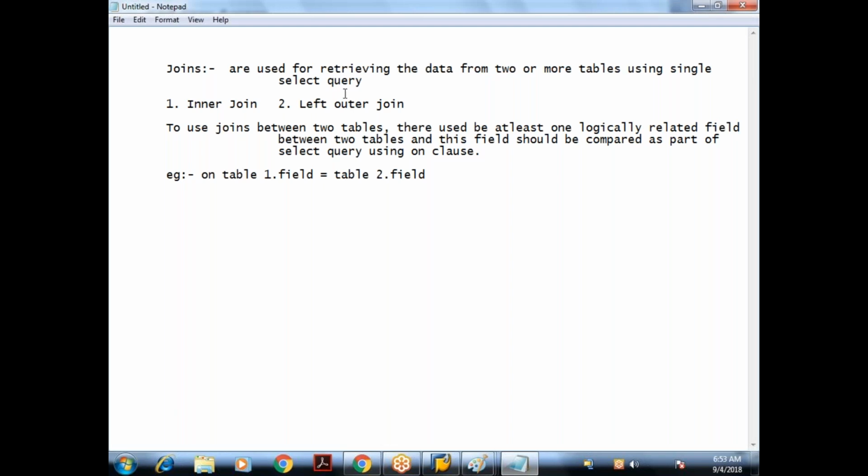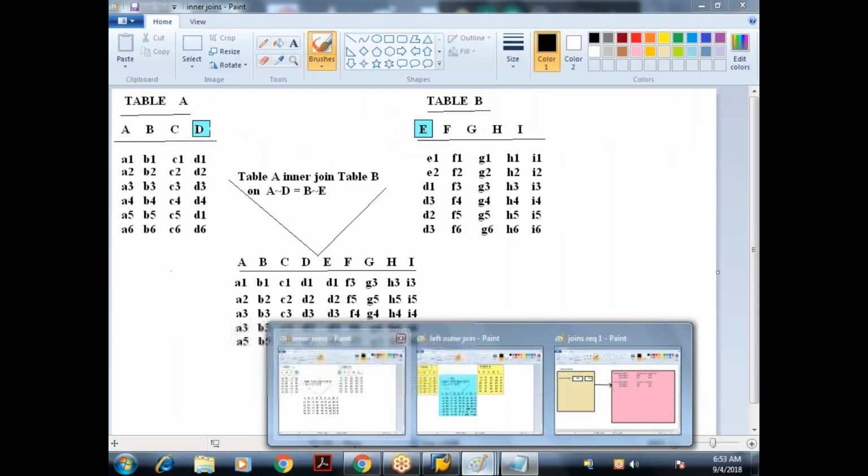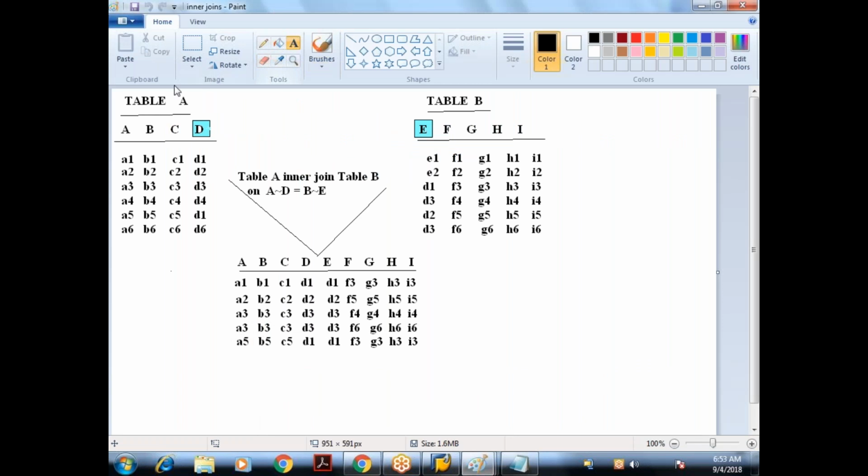Right, so the difference between inner join and left outer join: assume we have two tables, table A and table B. These two tables have one logically related field.